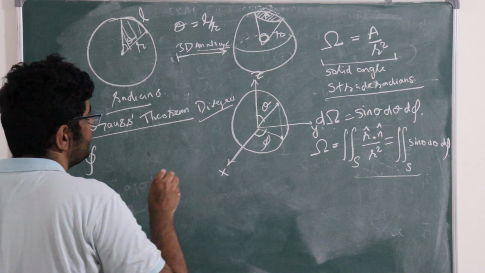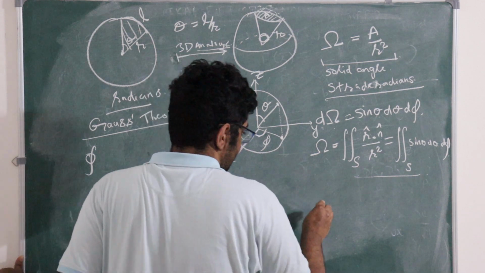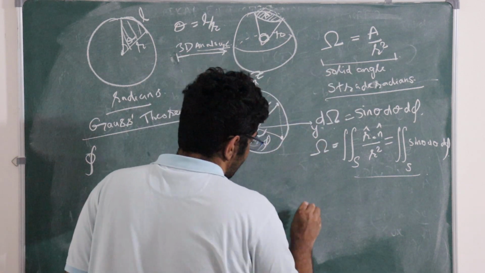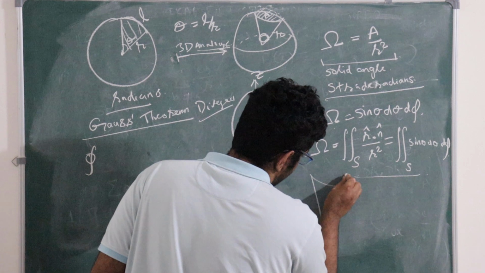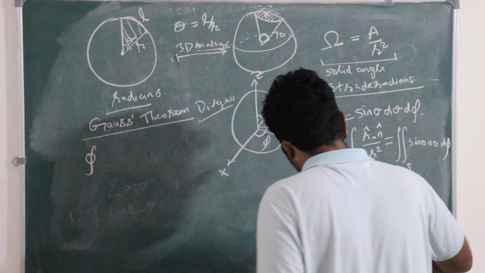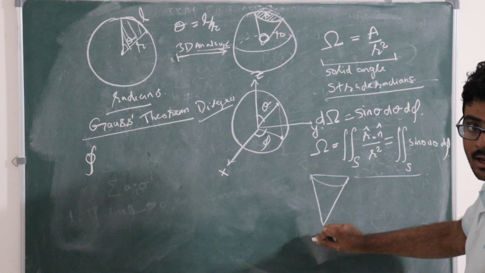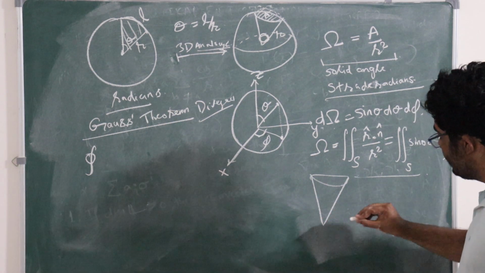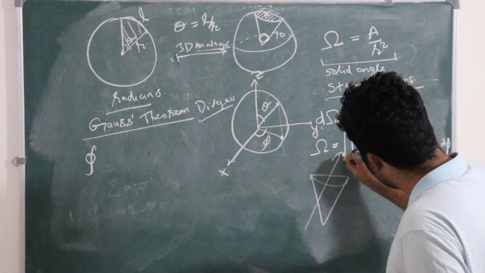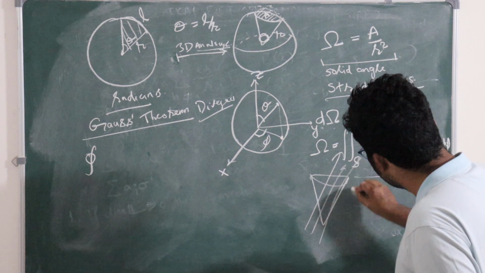So consider a cone over here, and you see the many electric field lines that pass through it.